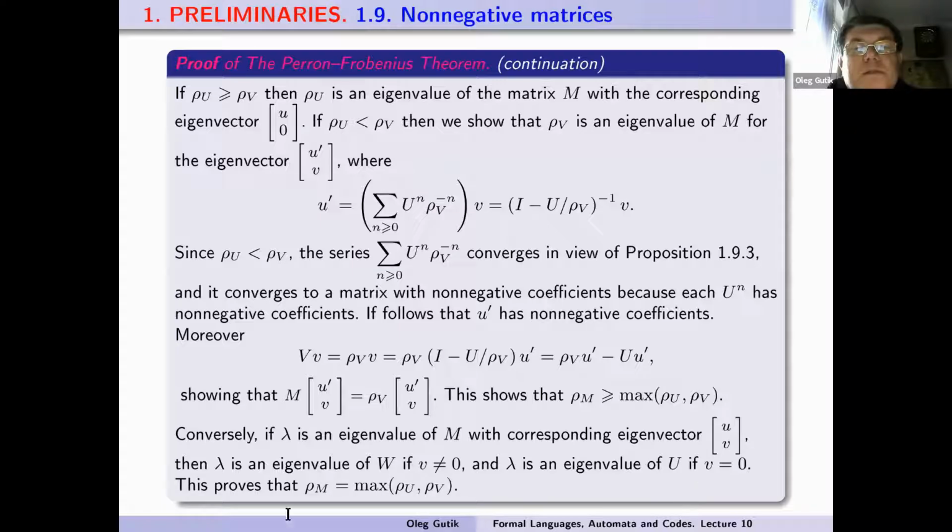This proves that rho M is equal to the maximum of rho U and rho V.